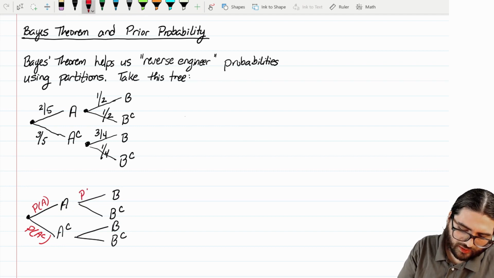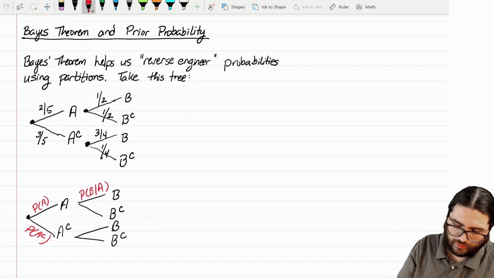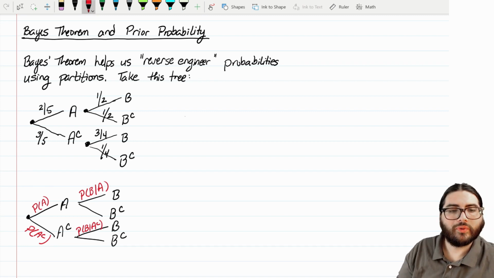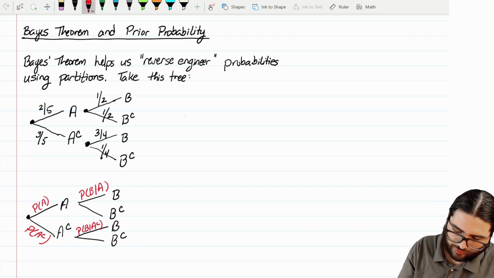This is the probability of B given A, that I've already gone through A. This is the probability of B given A complement. Same thing on the other side. I've got probability of B complement given A, and probability of B complement given A complement.